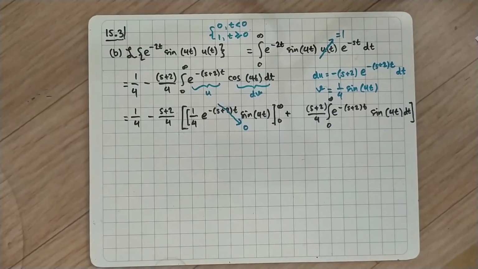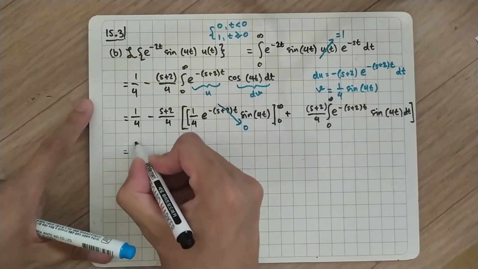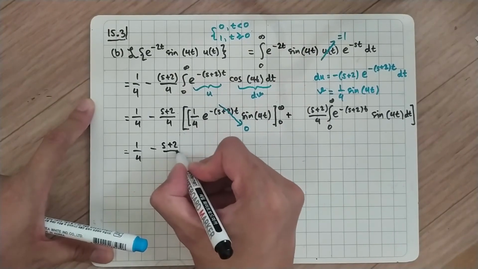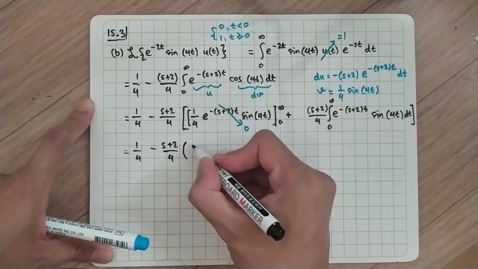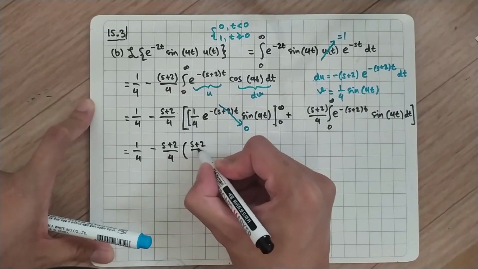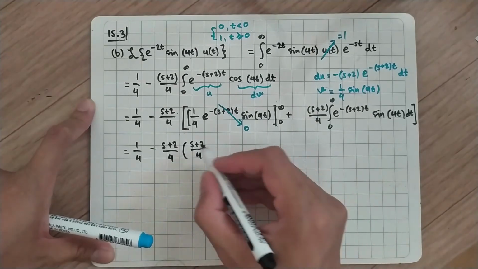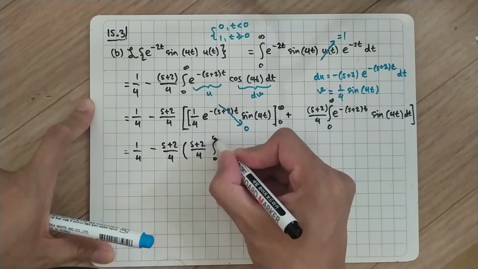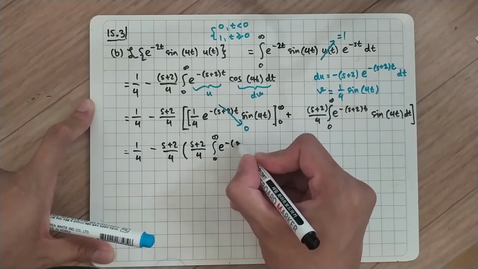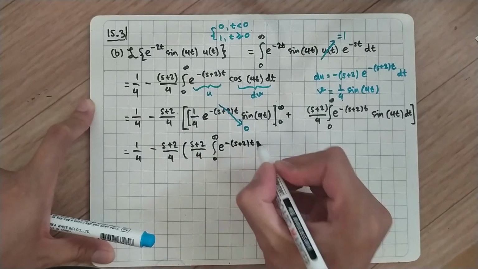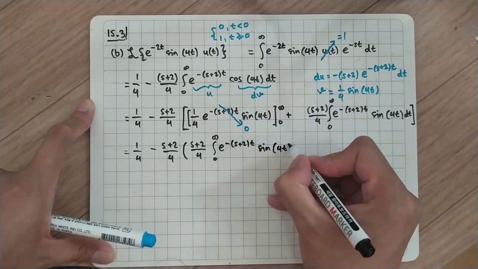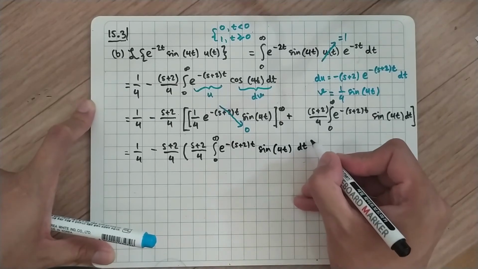So we will have the function as 1/4 minus (s plus 2)/4, and this one is (s plus 2)/4 times the integral from 0 to infinity of e to the minus (s plus 2)t sine 4t dt.